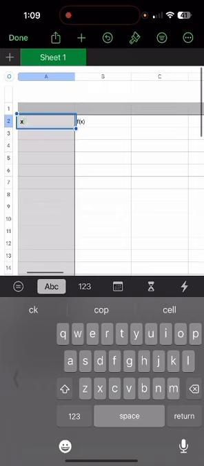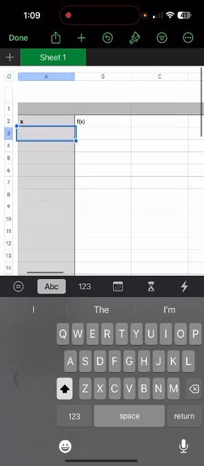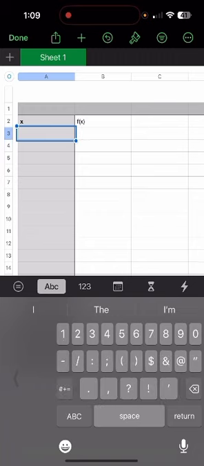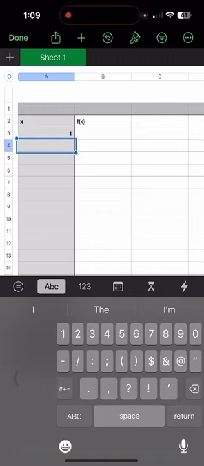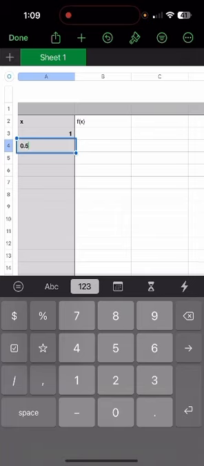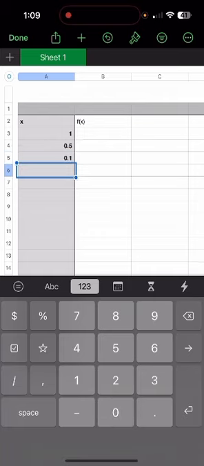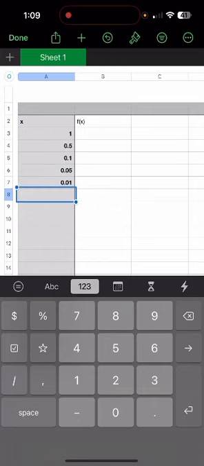Now my X values over here on the left, I think we had 1 and then 0.5, and then we had 0.1, then 0.05, and then I think we had 0.01, and I think that was it, right?